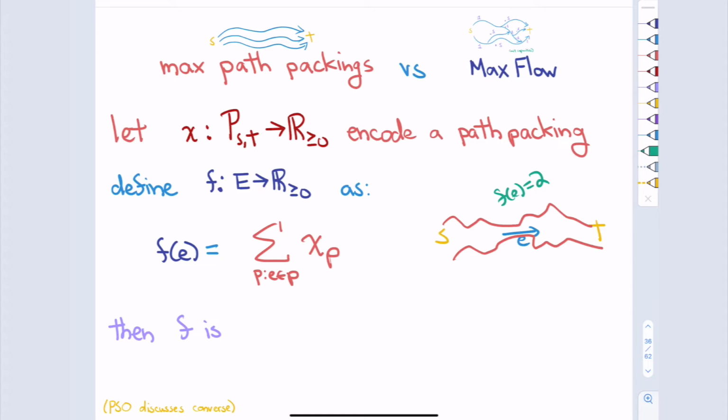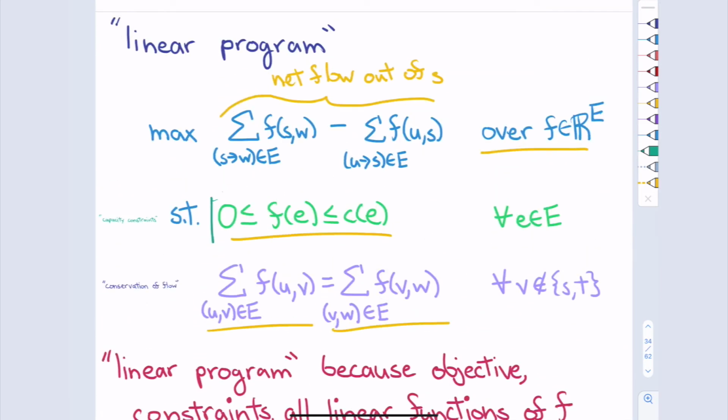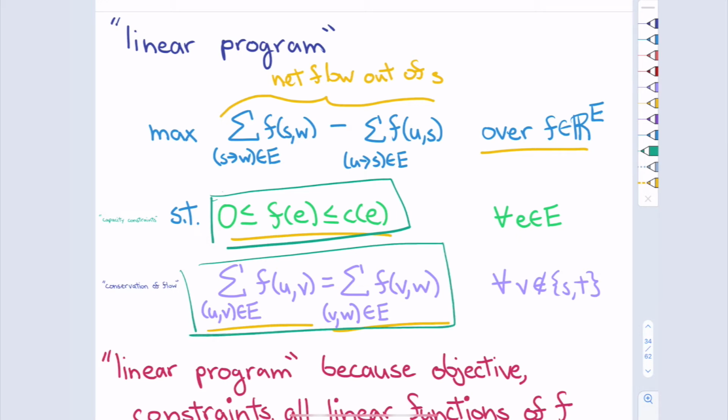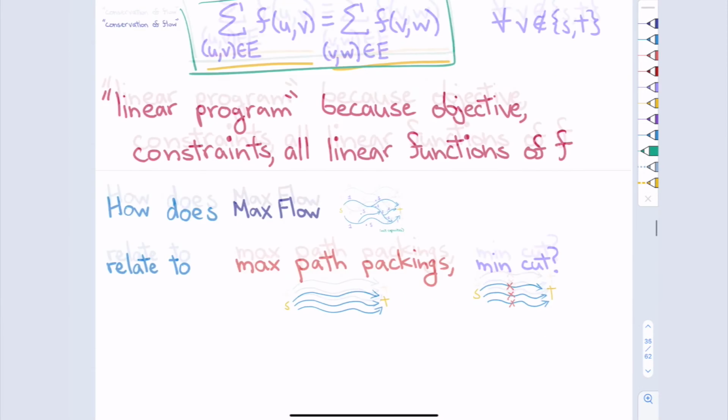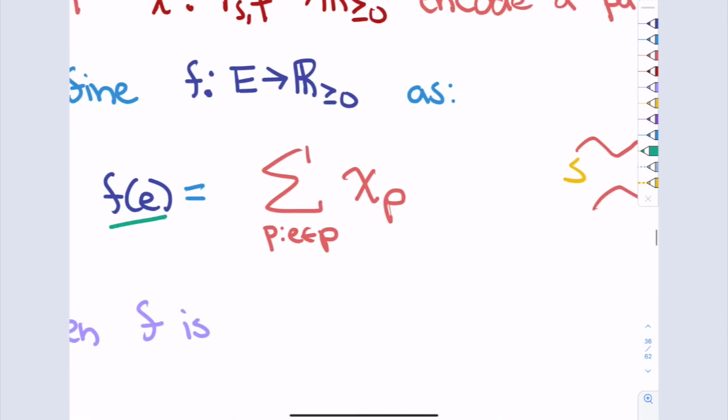So we have two constraints: the capacity constraints, and also the constraint that what goes in is what goes out. Now, the flow on an edge is equal to the total quantity of paths that used it, which was required to be at most the capacity of the edge. So we obey the capacities.